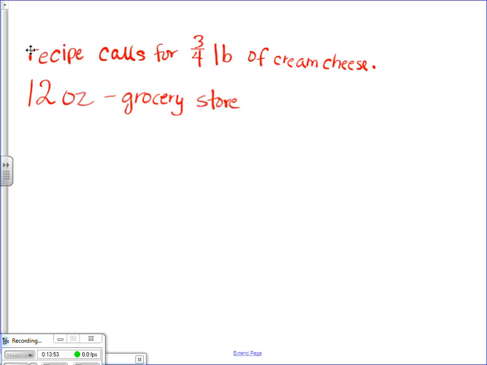So what they want to know is, if I go to the store and I buy this, is it enough? So how can you find out if you buy this, is it enough for this recipe? Are you good enough now to be able to figure it out?